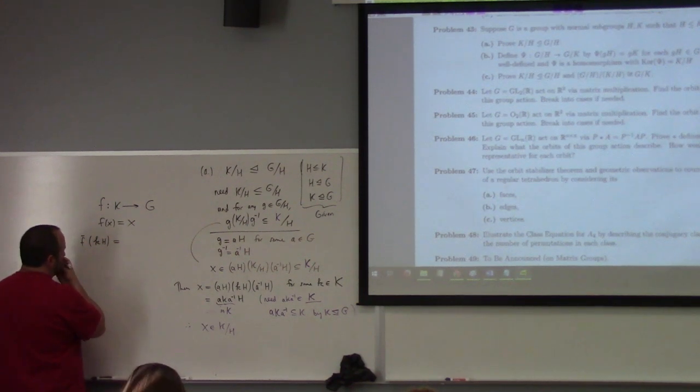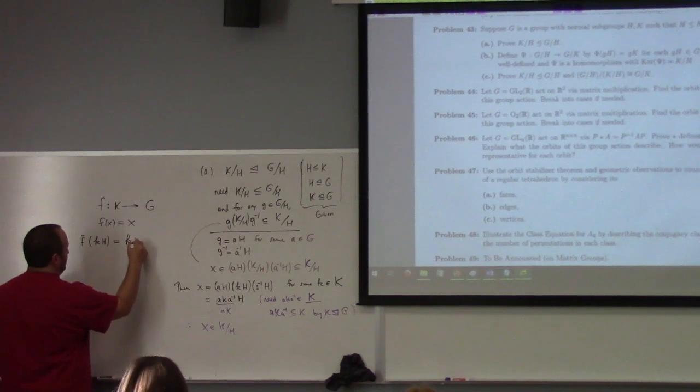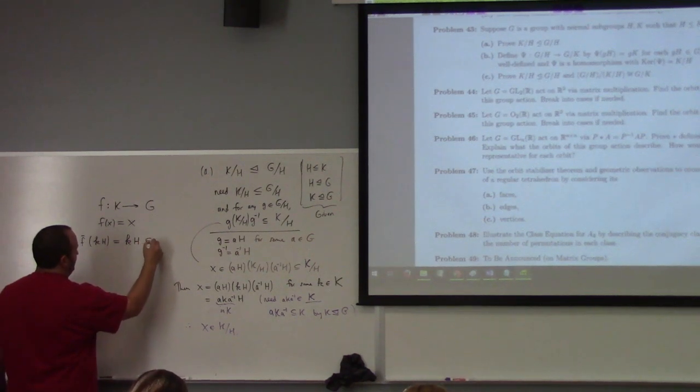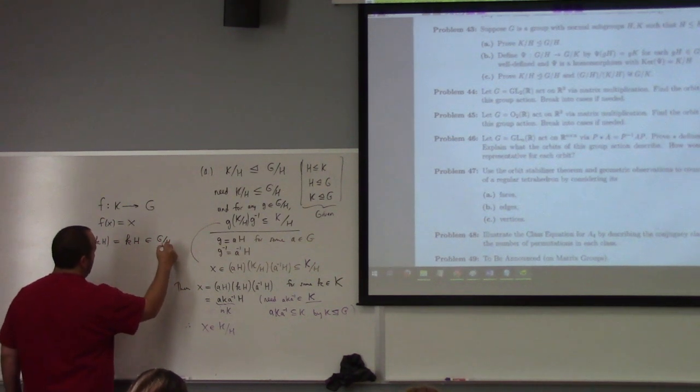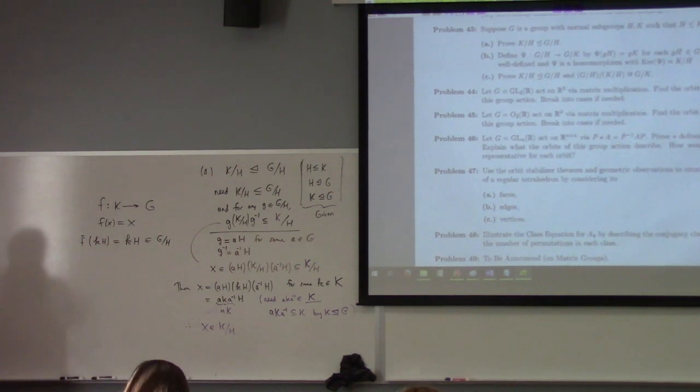equal to kh. Now that's definitely an element in G mod H, yeah? Is that a homomorphism?